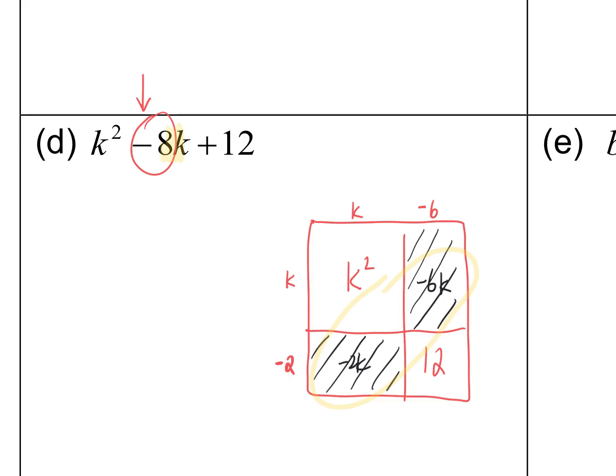Then my factors would be k minus 6 and k minus 2. So when it's negative, you just need to think whether you need to put in negative numbers or not.